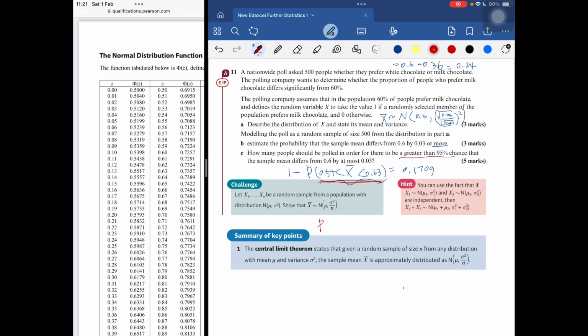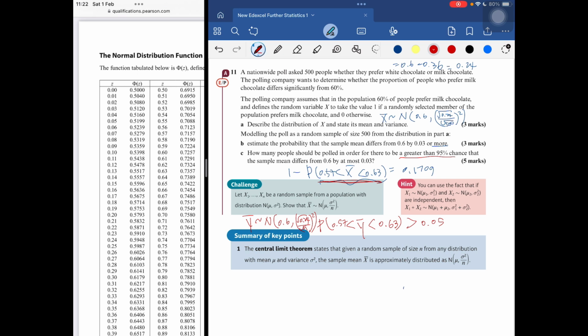So the probability, x bar, let's call it y bar because we already used x bar, between 0.57 and 0.63, is greater than 0.95. And y bar follows a normal distribution with mean 0.6 and standard deviation square root of 0.24 over square root of n.